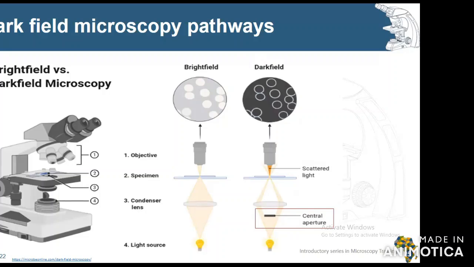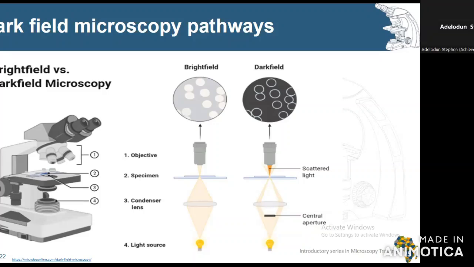That is what is normally used to block other light. Unlike what happens in bright field microscopy, you have the central aperture where you block other light. So it is only the scattered light that will now be used to image that object.